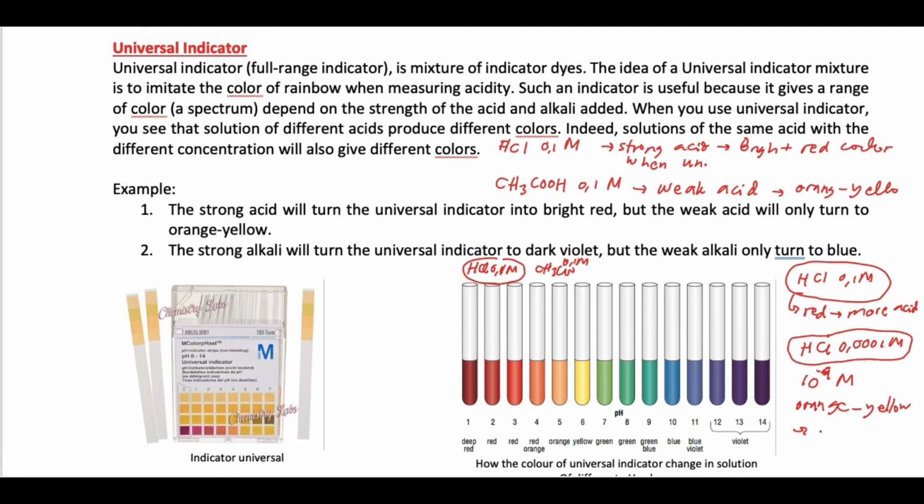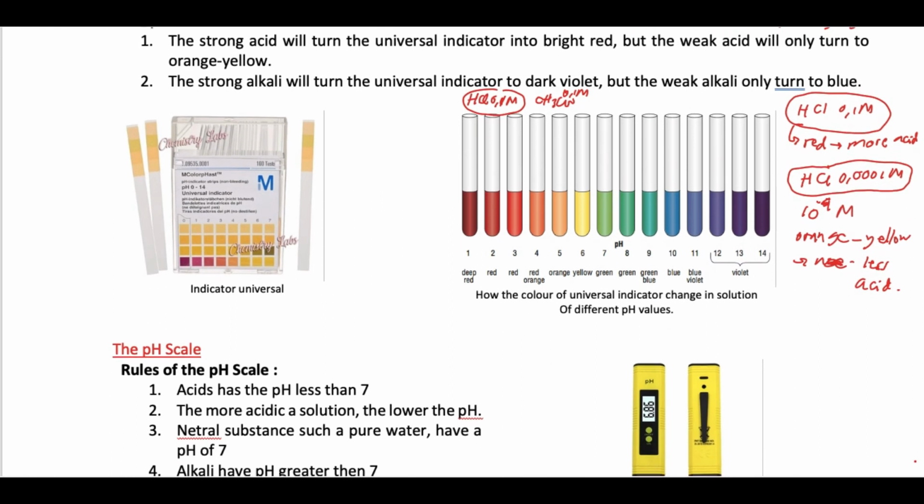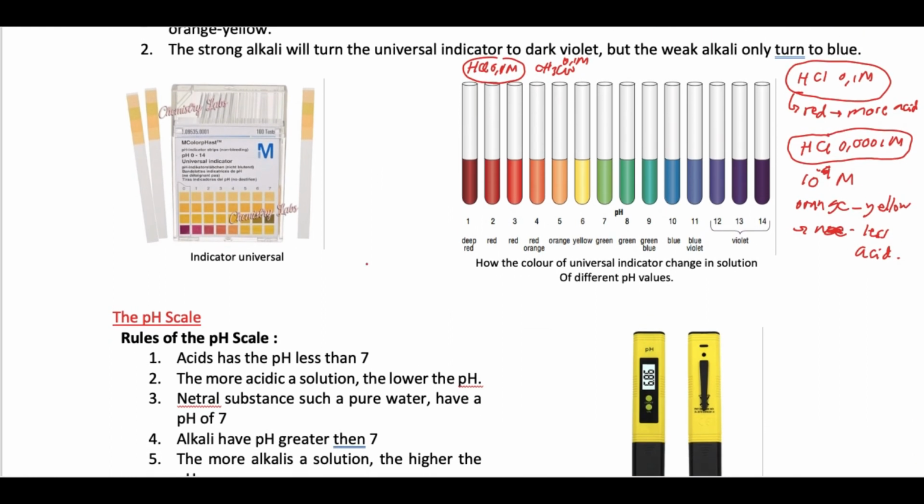It means less acid. It is the same way with the base. So more red means more acid, and more purple, more alkaline.